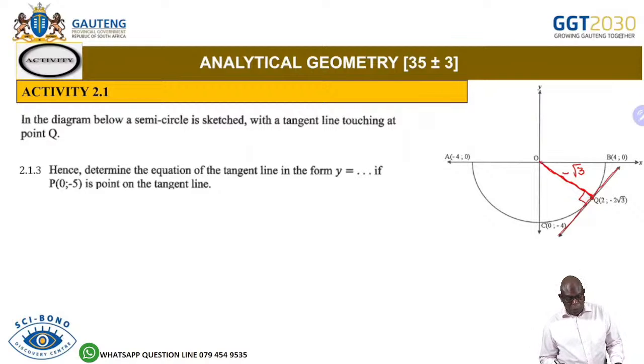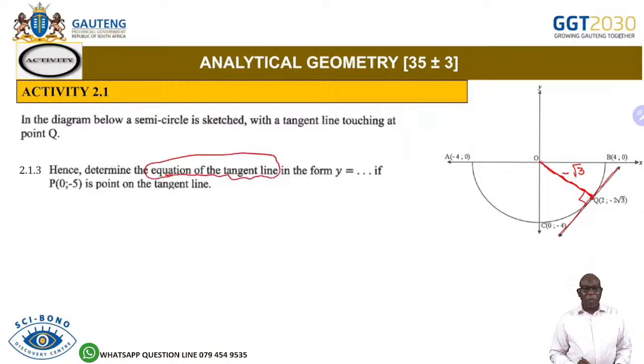Now they said, hence determine the equation of the tangent line. Remember, the equation of the tangent is nothing else but the equation of a straight line.